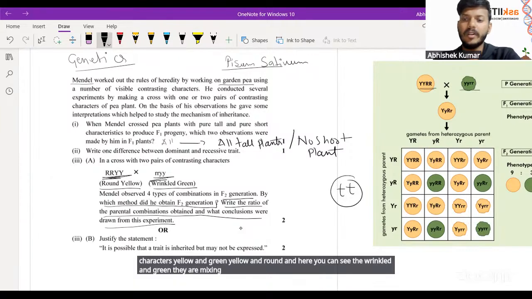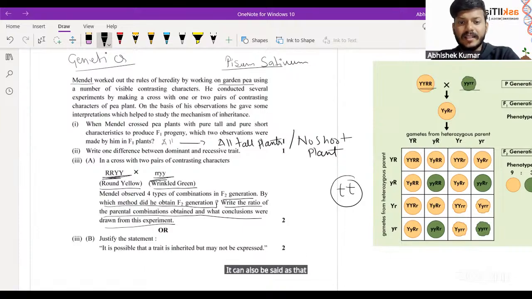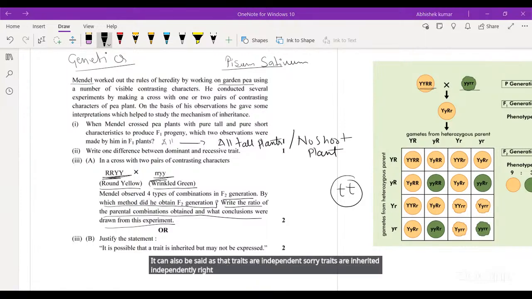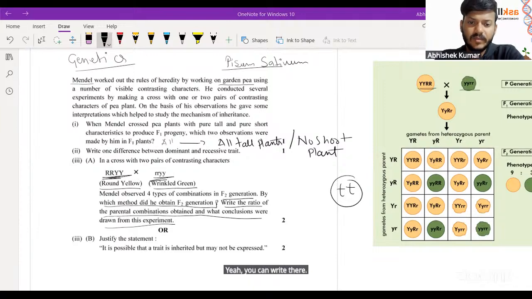There is no assurity of what will be formed. So it can also be said that traits are inherited independently. Sir, can we just write the law of independent assortment in place? Yeah, you can write that. Okay, sir.